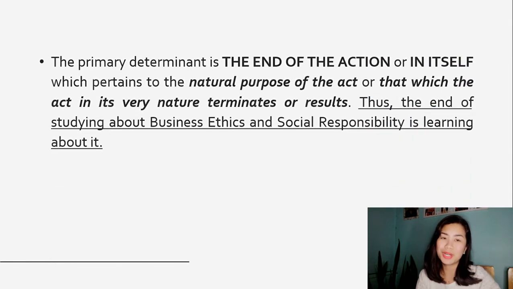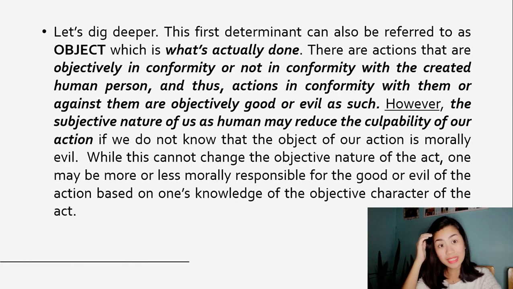The primary determinant is the end of the action, or in itself, which pertains to the natural purpose of the act, or that which the act, in its very nature, terminates or results. Thus, the end of studying about business ethics and social responsibility is learning about it. But let's dig deeper.